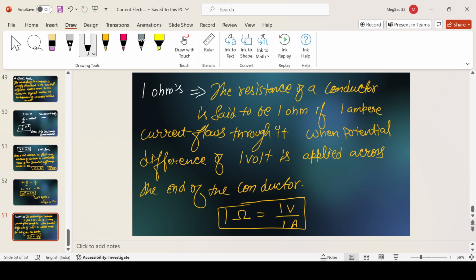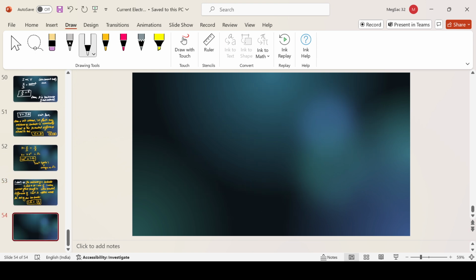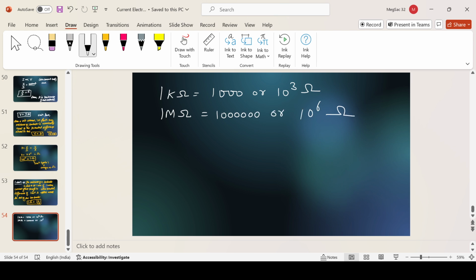So now we have three things: current, voltage and resistance. For current, 1 ampere; for voltage, 1 volt; and for resistance, 1 ohm. Clear? Now along with this we have the larger values. 1 kilo ohm is equal to 1000, or 10 to the power 3 ohms. Then 1 mega ohm is 10 to the power 6 ohms.